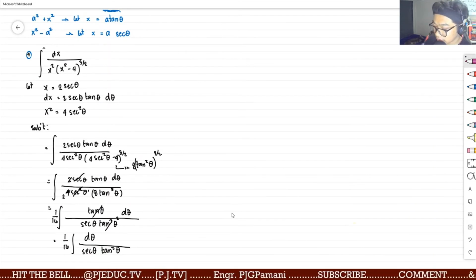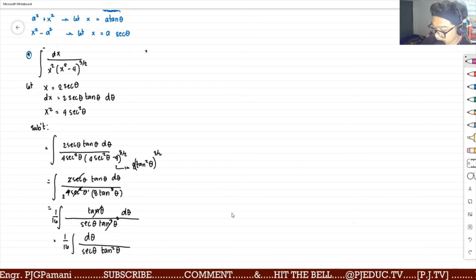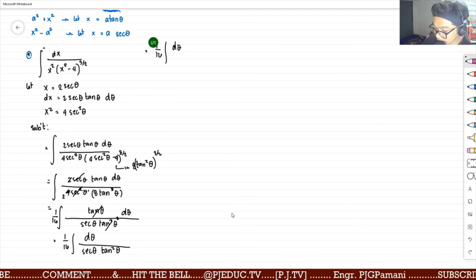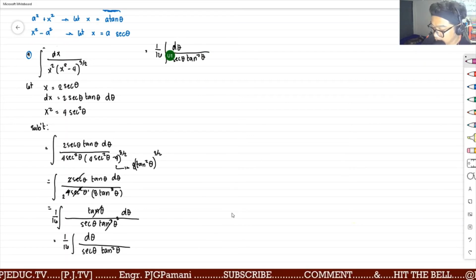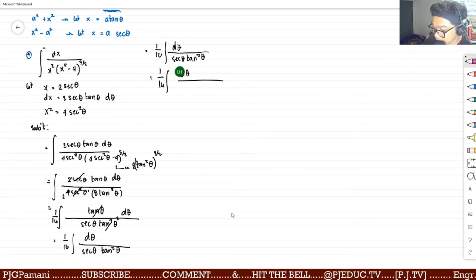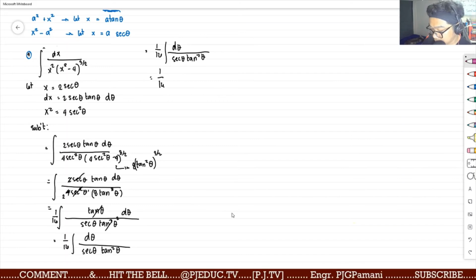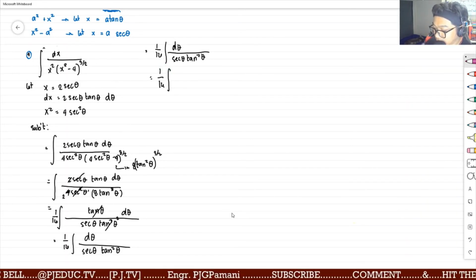Right? Then yun. Simplify natin. 1/16 integral of d theta over secant theta tangent squared theta is the same as 1/16 integral of d theta over... secant is the reciprocal of cosine theta, right?